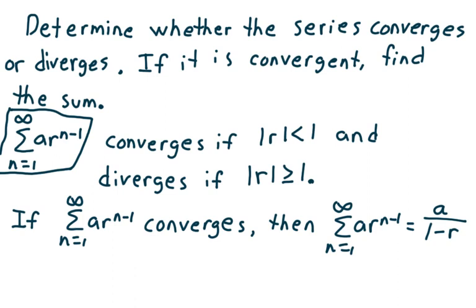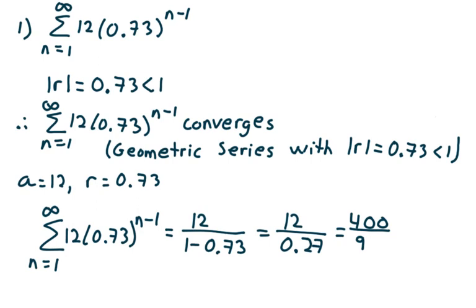Now, with that, let's take a look at some examples. On number 1, suppose we have the summation from n equal 1 to infinity of 12 times 0.73 to the n minus 1. So if the lower limit is 1, then the exponent here needs to be n minus 1.